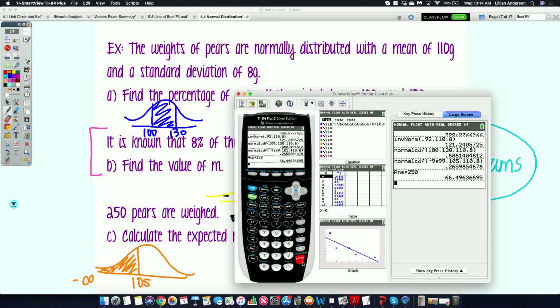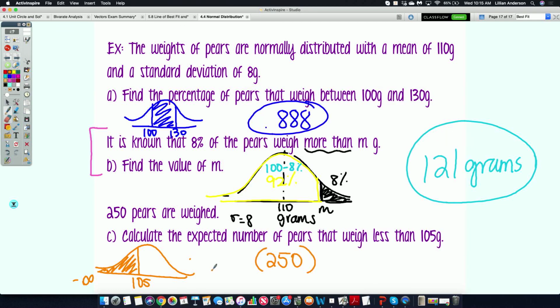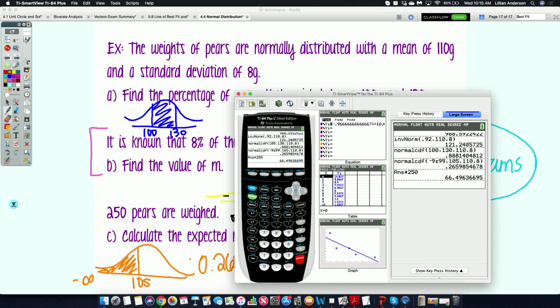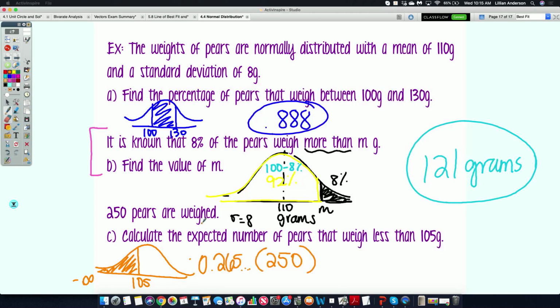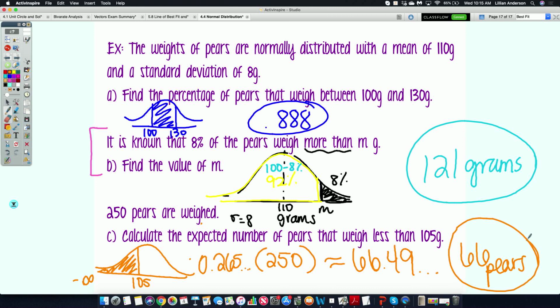And then that is going to be my expected number of pears that are going to weigh less than 105 grams. So that 0.265 number gets multiplied by 250. So then my expected number of pears would be 66. Remember, we cannot account for basically half of a pear that doesn't exist with that decimal, so we do not round up.